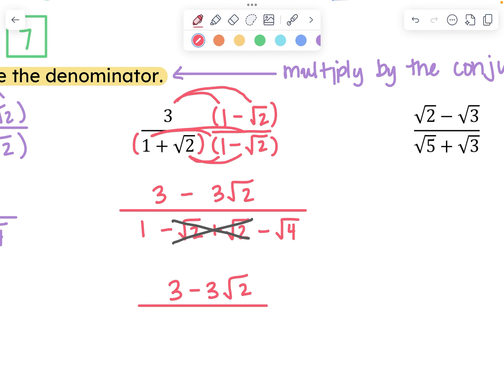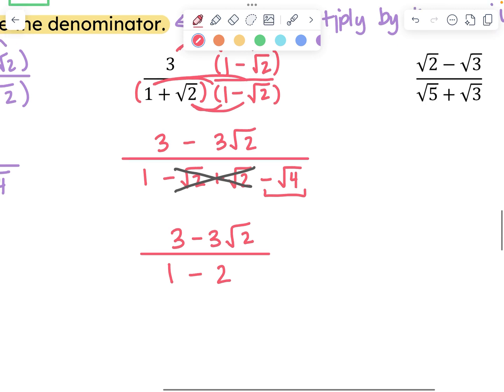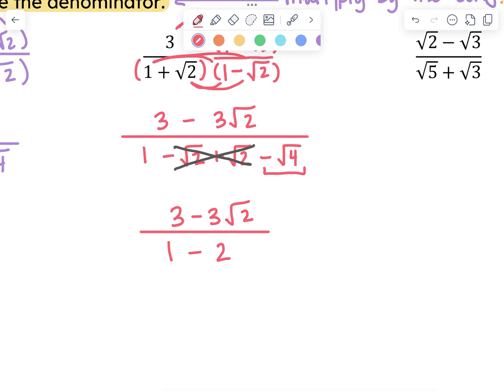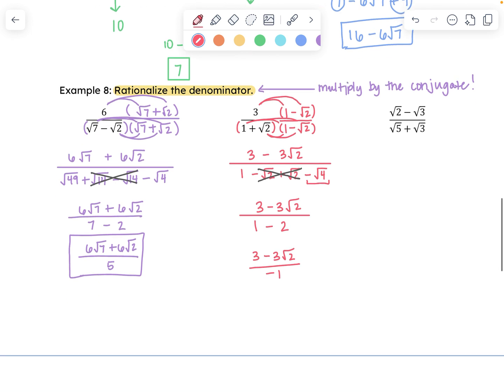On the bottom, that first term is still 1, but over here, this minus square root of 4 is going to change to minus 2. And 1 minus 2 is just negative 1. So 3 minus 3 square root of 2 over negative 1. But what's a little bit different here compared to our last one is that I can divide those by negative 1. So I do need to divide those by negative 1.